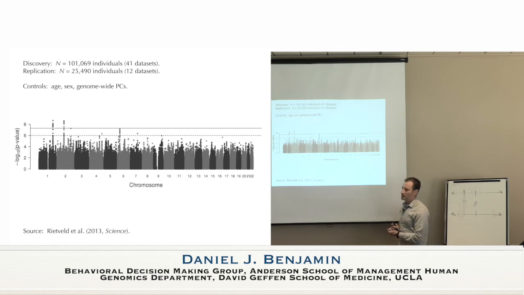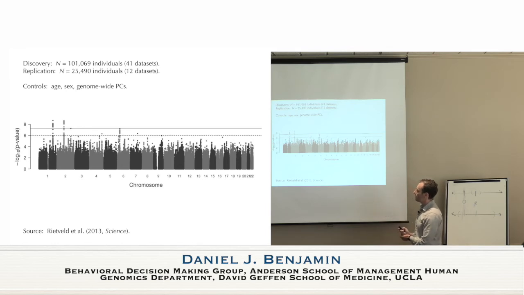Our view was that the small number of hits we found was a reflection of lack of power. That we still had too small of a sample size to see very much. This was something that the advocates of GWAS in medical genetics were similarly pushing. And it was gradually the case in medical genetics that as GWAS were done in larger samples, you stopped seeing GWAS with no hits, and you started to see more and more hits, and the medical genetics community was becoming more convinced that GWAS was successful for complex phenotypes.